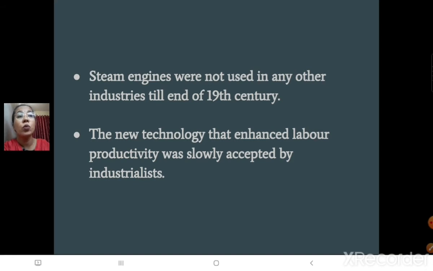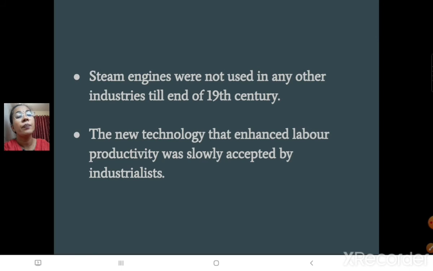Therefore, we can conclude that the most powerful new technology that enhanced the productivity of labor was slow to be accepted by the industrialists. That is, mechanical development was taking place in the society, but the industrialists resisted purchasing it. And I hope, children, you remember the reason behind it. What were they?